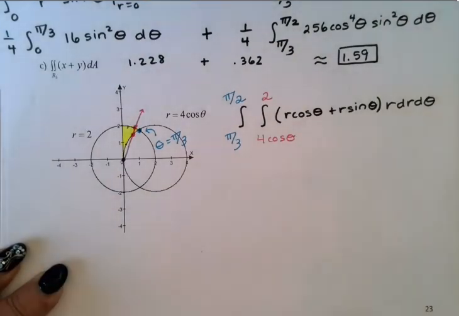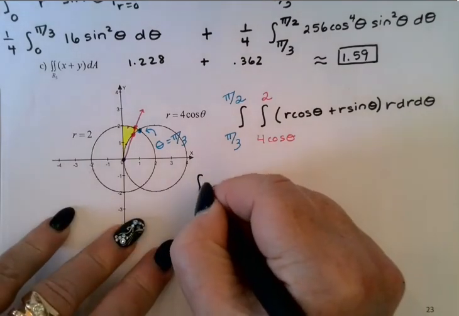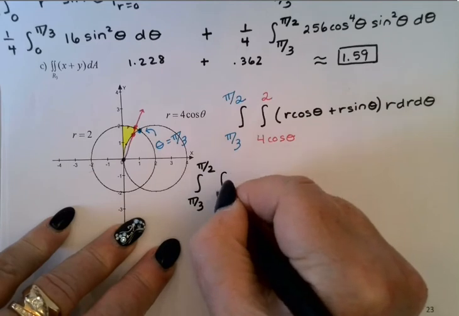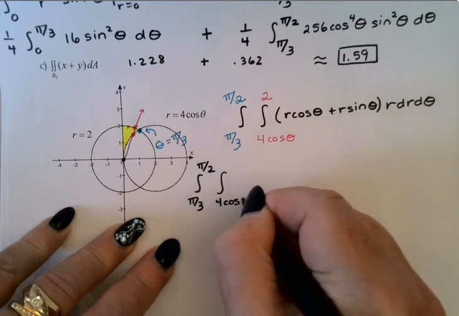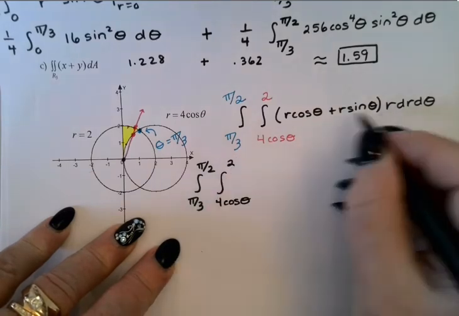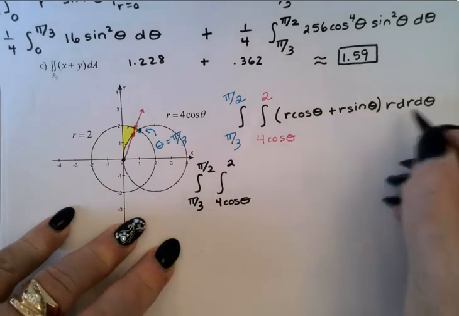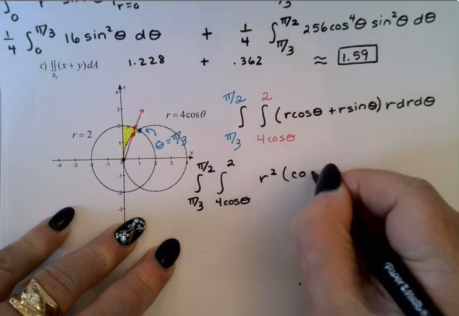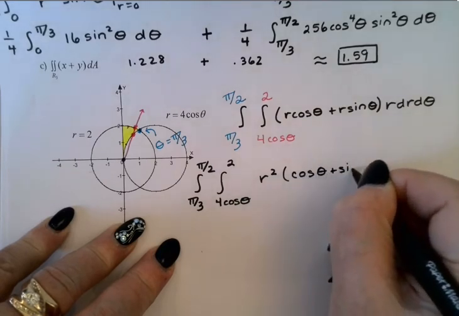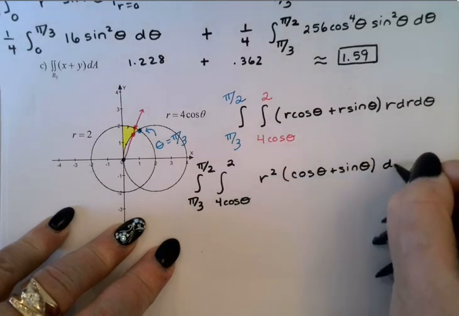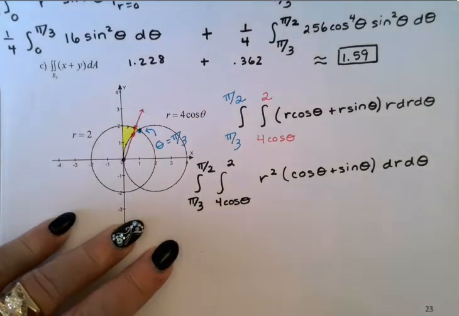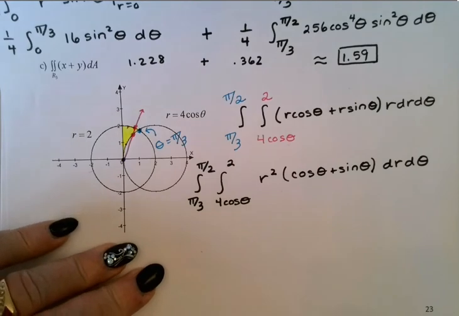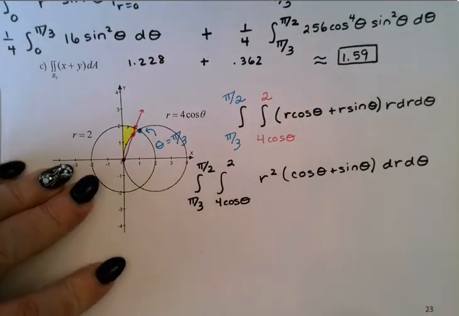All right, I'm going to do a little algebra on this before I start to actually integrate. If I factor the r out of the parentheses and put it with the r out here, that would be an r squared times cos theta plus sine theta. And again, I do have thetas in my integrand, so no way can I use that nice little trick. I'm going to have to actually work for this one.